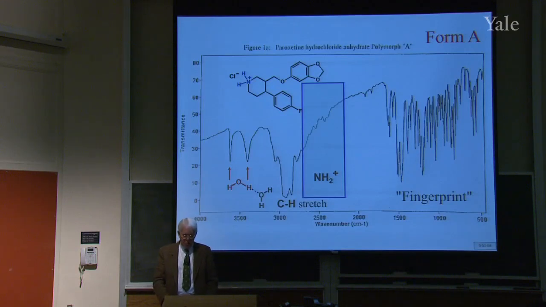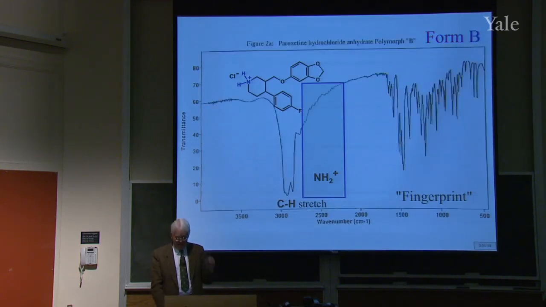Notice that when water is hydrogen bonded like this, you have OHs at the end of the chain that have a very high frequency, and OHs involved in hydrogen bonding, which are lower frequency because they don't just go one way. It's not so bad to move toward the other oxygen. So we see two peaks here, which is interesting because this molecule is called an anhydrate, but in fact, it has water in it. That was sort of a weird thing about it.